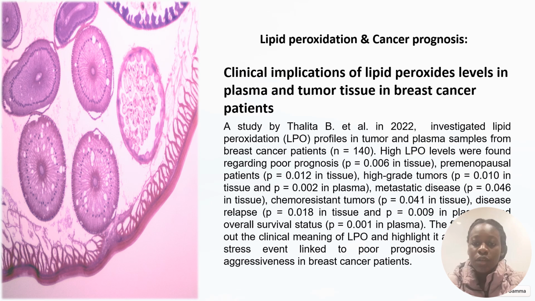So they reviewed a number of factors which all had a p-value lower than 0.05, which indicated that there's a significant relationship between lipid peroxidation profiles and poor prognosis. So the higher the profiles, then the lower the prognosis. And this was in high-grade tumors, chemo-resistant tumors, metastatic disease, in breast cancer patients.